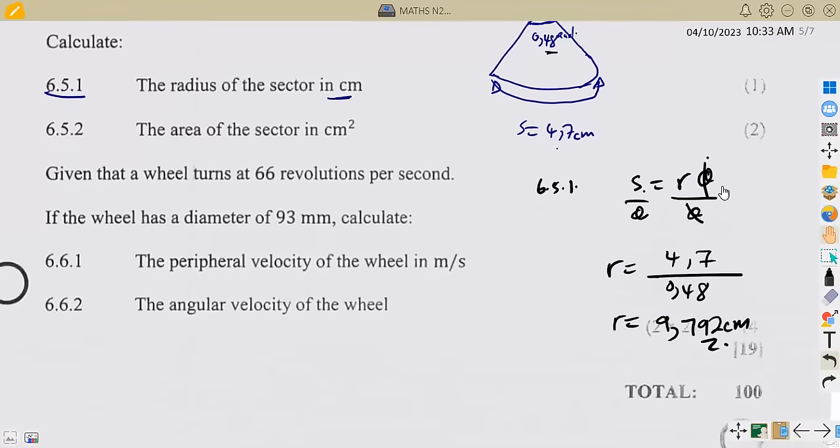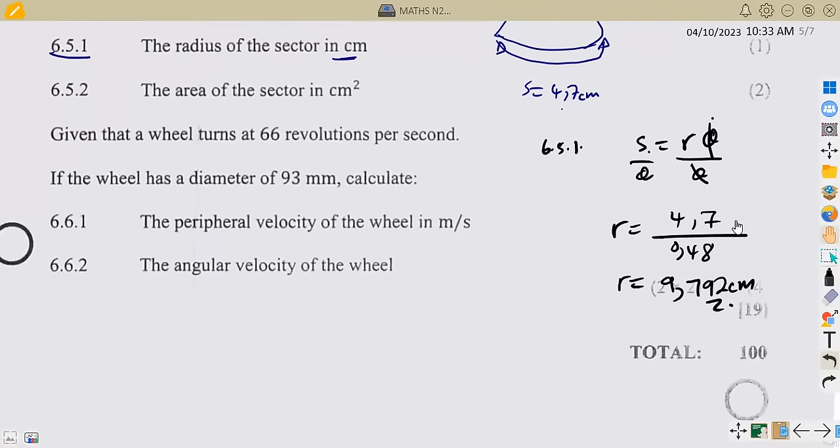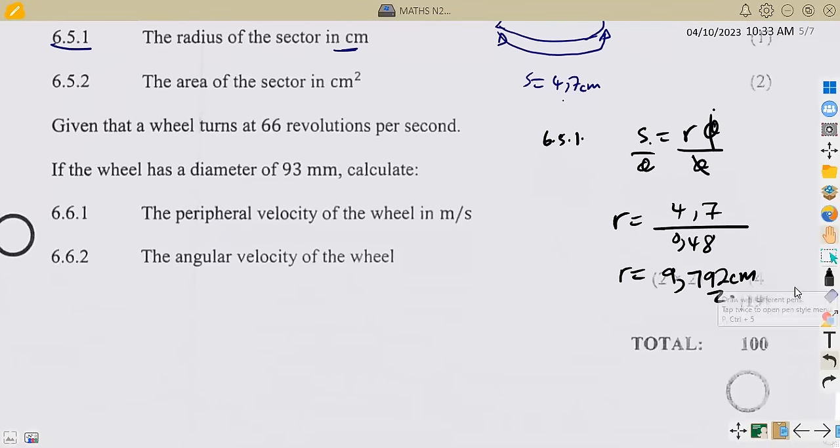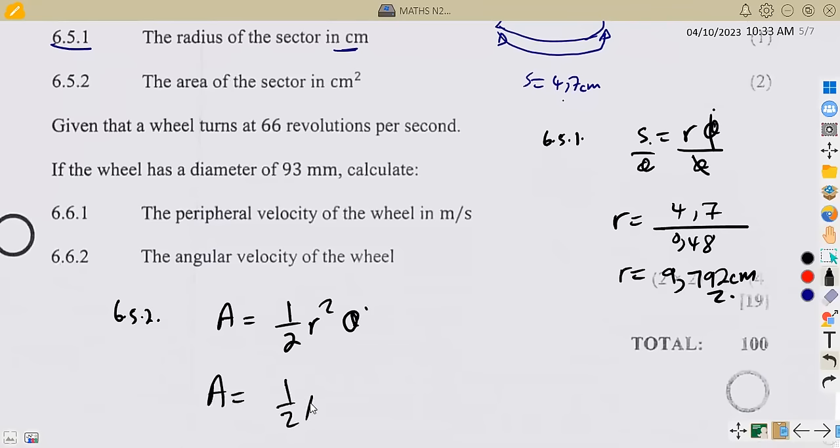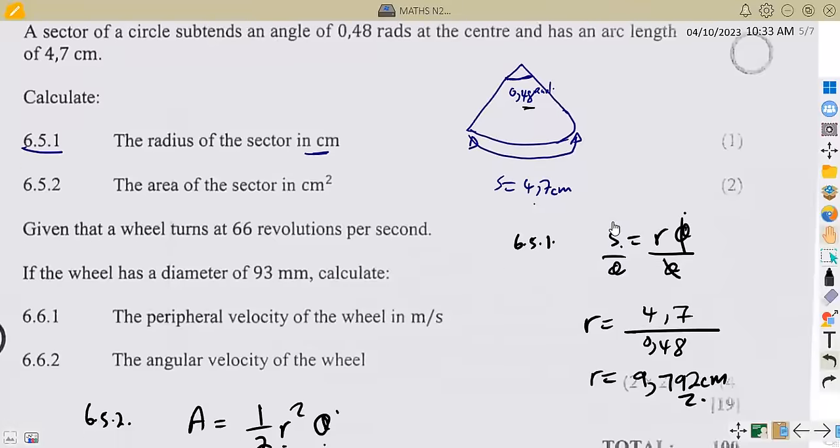Then we move on to 6.52, the area of the sector in square centimeters. Remember that area is equivalent to half r squared theta, provided that theta is in radians. So our area is going to be half times r, which is the radius, 9.792 squared, times theta, the angle of the sector in radians, which is 0.48.